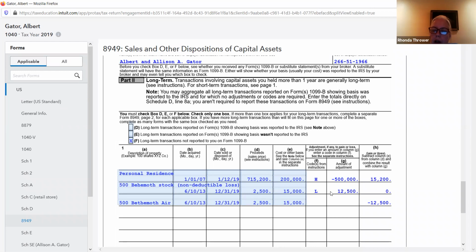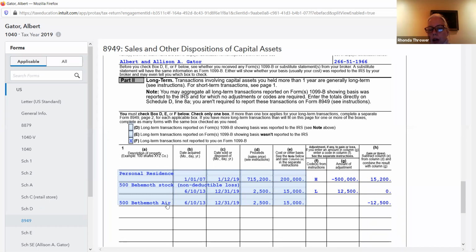You will, however, have to have an amount of $12,500, which is the difference between the selling price and the cost, as the amount of the adjustment. And so that has to go in the G. So make sure it's in G, and make sure that this is showing an L, meaning that the loss was disallowed.